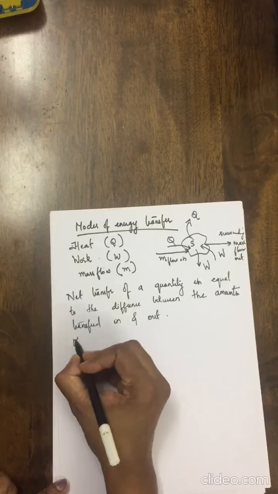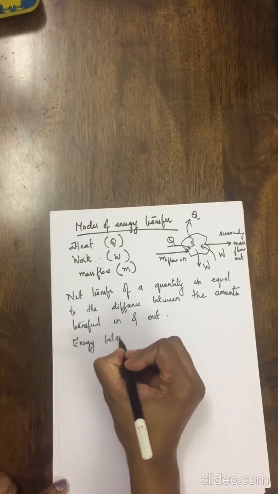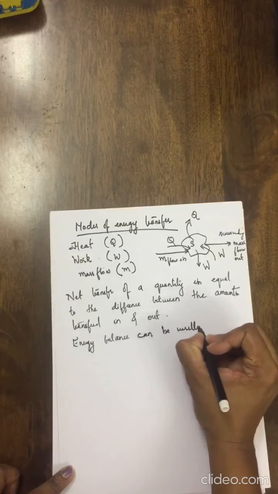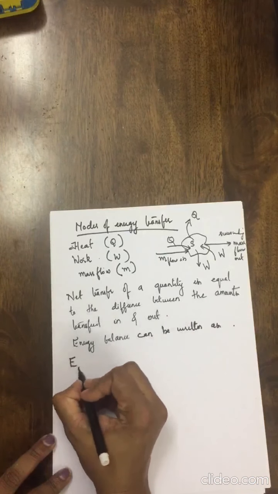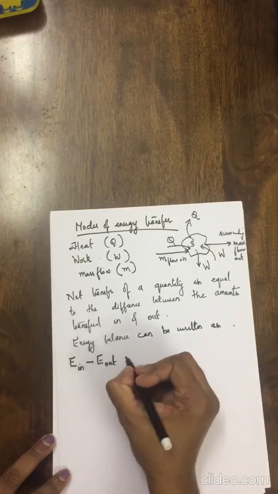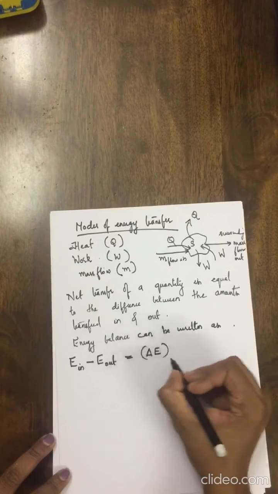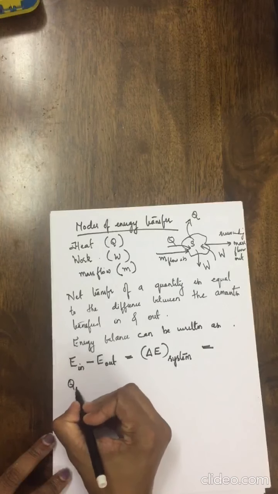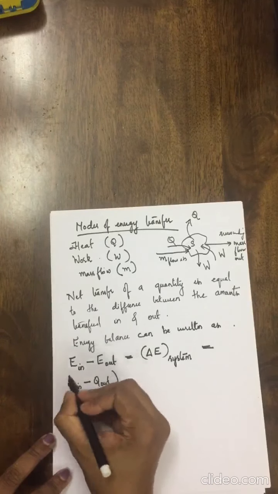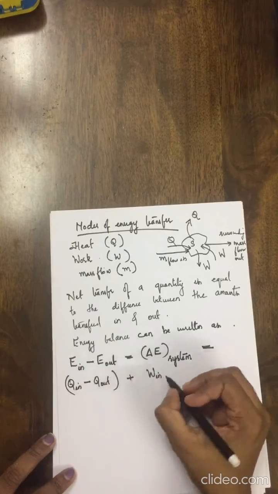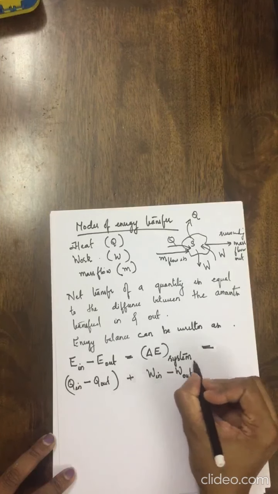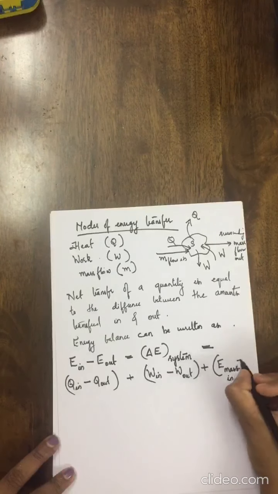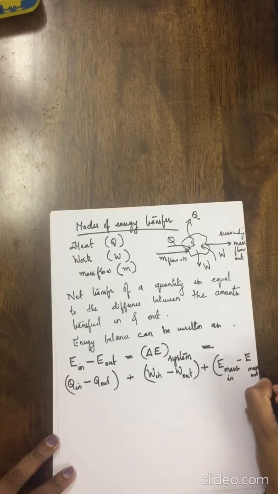The energy balance can be written as E in minus E out is equal to the change in energy of the system, del E of system, which is equal to Q in minus Q out, plus work in minus work out, plus the energy associated with mass in minus energy associated with mass out.